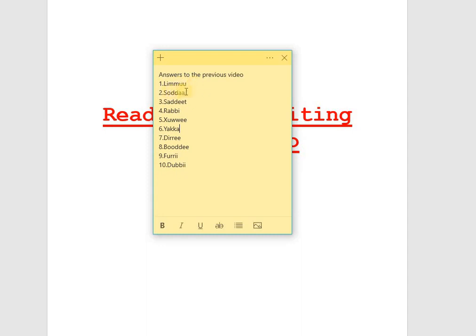Soda, sadet, Rabbi, Tuwe, Yak, Dre, Bode, Furri, Dubbi. If you have written like that, well done.